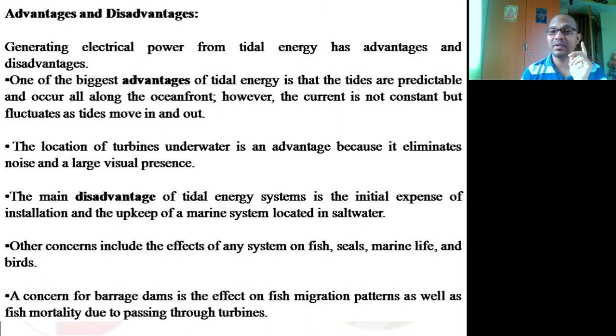One of the major disadvantages is that the efficiency of converting tidal energy into electrical energy is low. Another disadvantage is that the initial expense of installation and upkeep of a marine system located in salt water is highly difficult.